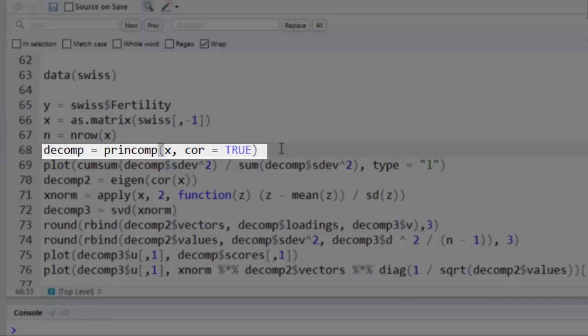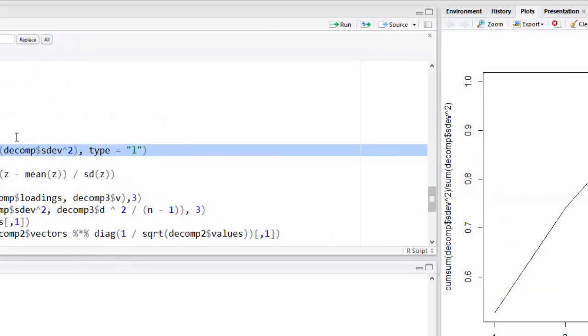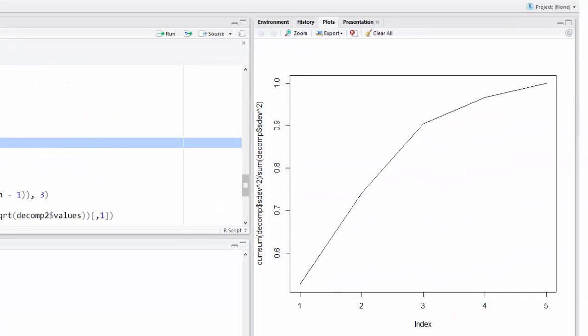raw decomposition. So for example, if I were to plot the cumulative sum of the eigenvalues versus their overall sum, that's the percentage of variation explained by that component. So one principal component explains just under 60% of the variation in the data.